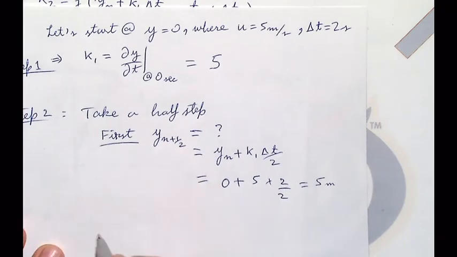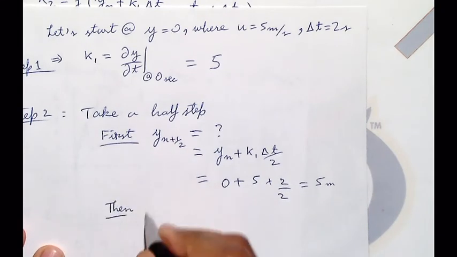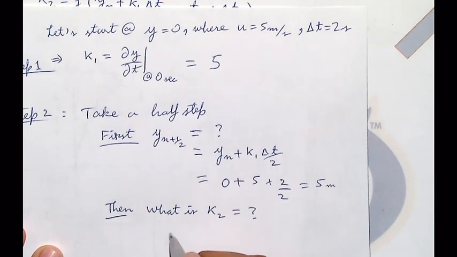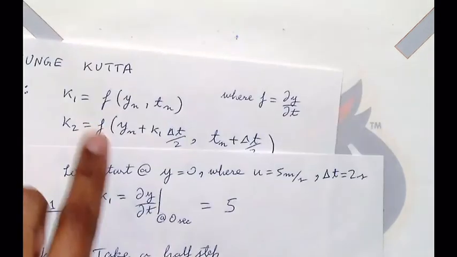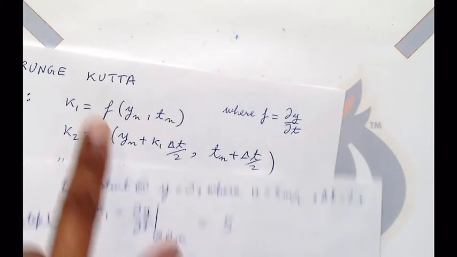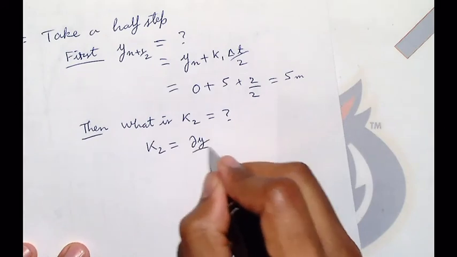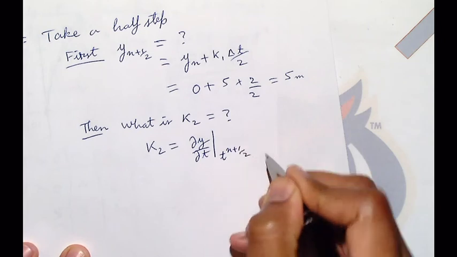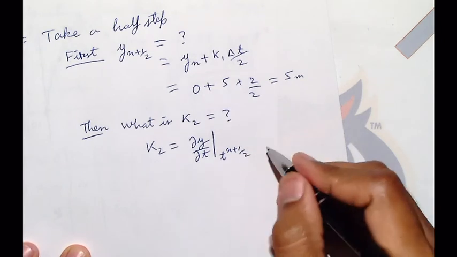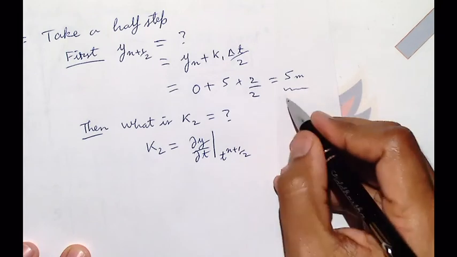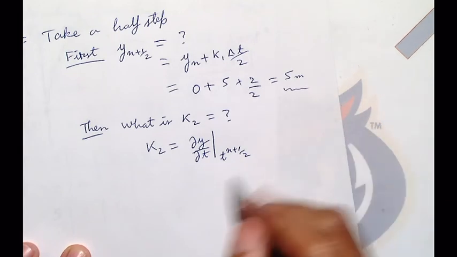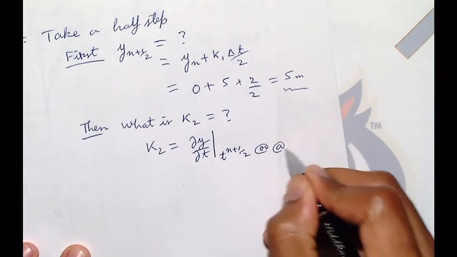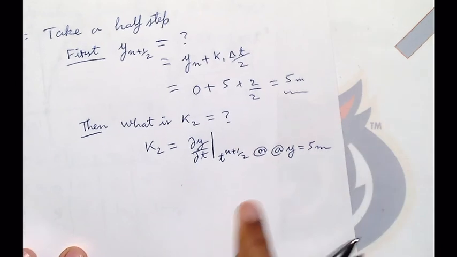So next, what is K2? K2 is defined as the derivative at the half step. So this is defined as del y by del t at y n plus half. And I found out that this is how much I have moved, 5 meters. So what is the derivative at y equals 5 meters?